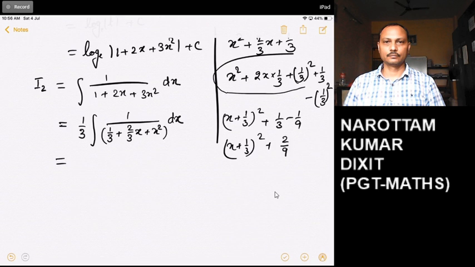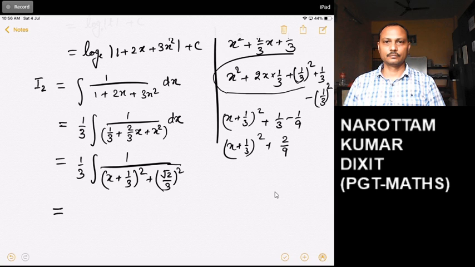So we can write in the denominator of the integration 1 upon the square of x plus 1 upon 3 plus the square of under root 2 upon 3. 2 upon 9 can be written as the square of root 2 upon 3.